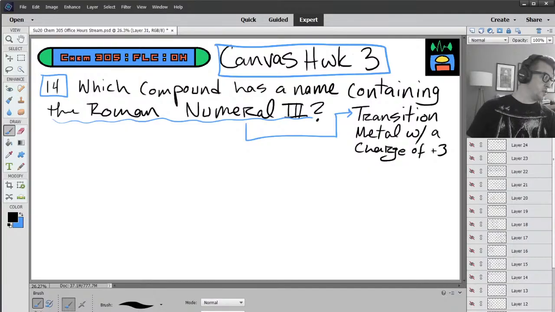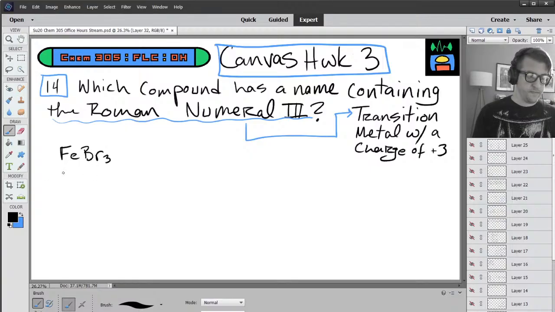So let's go ahead and look at the options that were given. Our possible answers are FeBr3, AlCl3, Cu3N, MoSO4, 3.